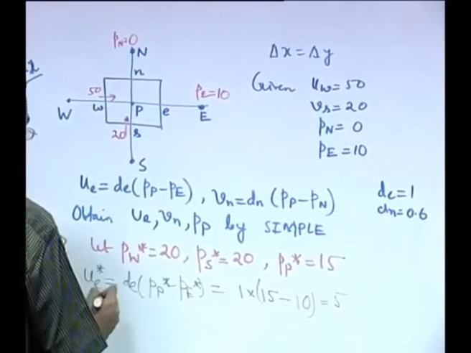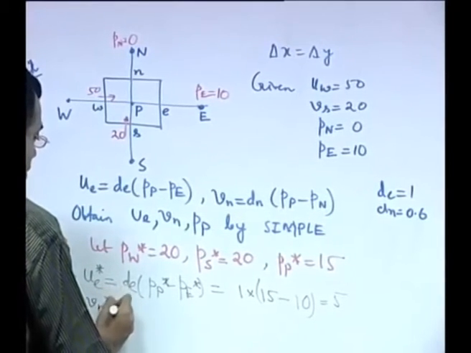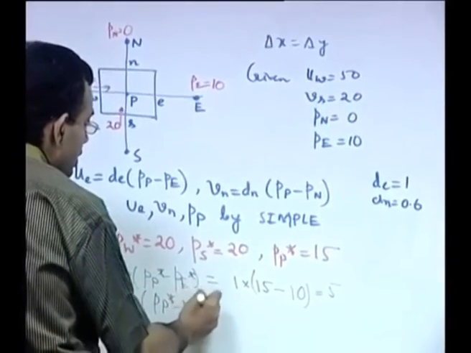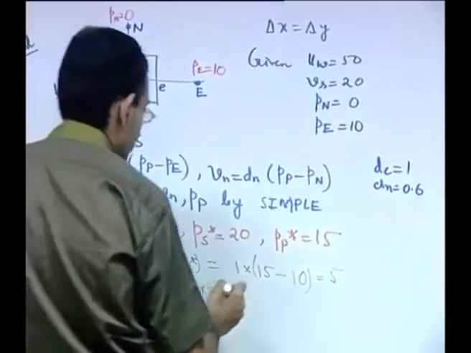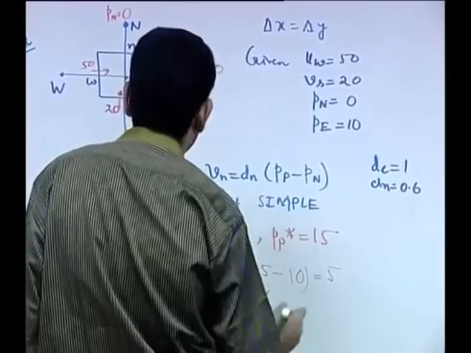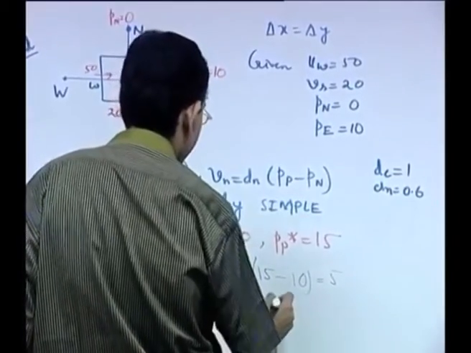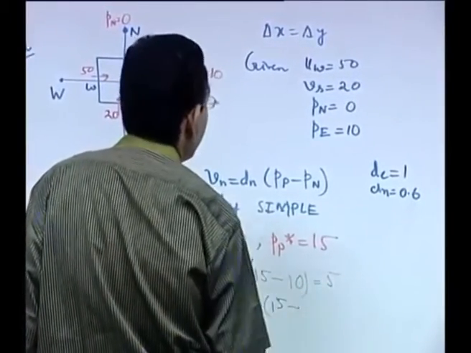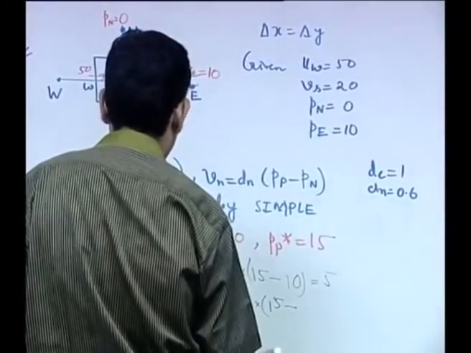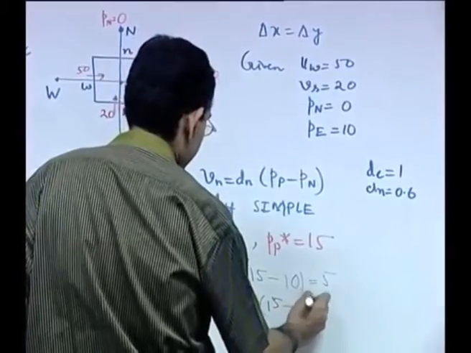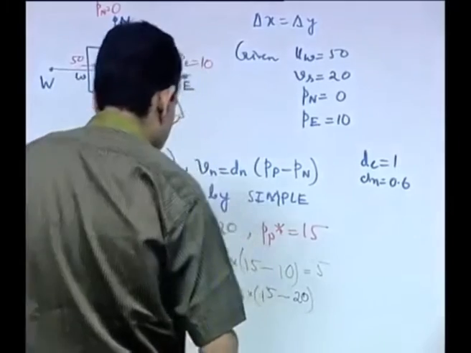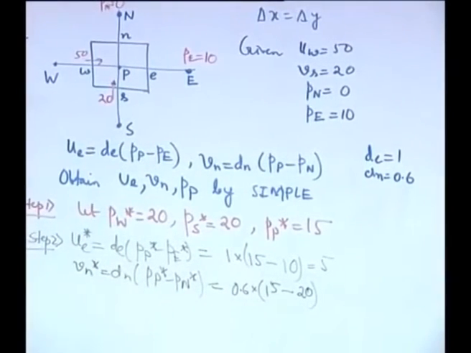Then Vn star is equal to dn into Pp star minus Pn star. So, 0.6 into Pp star is 15 minus, sorry, Pn star is 0.